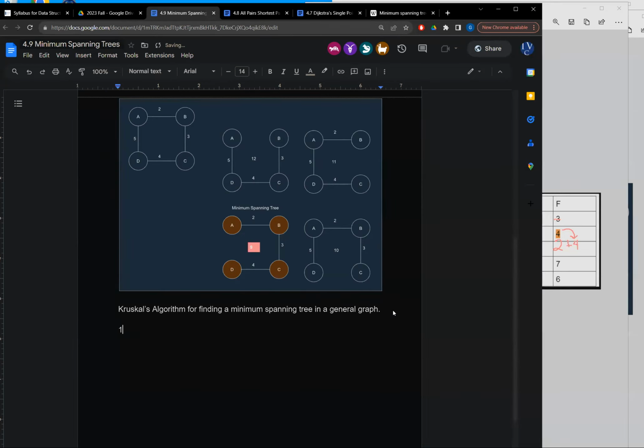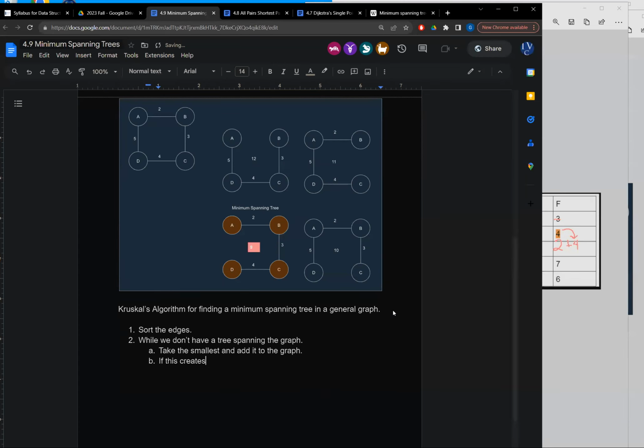All right. Step one, sort the edges. While we don't have a tree spanning the graph, take the smallest edge and add it to the graph.